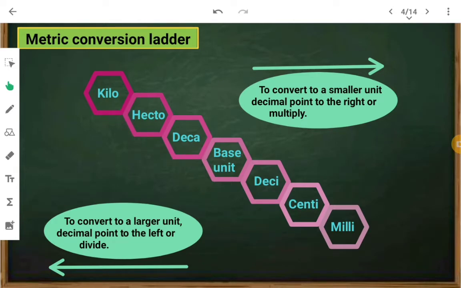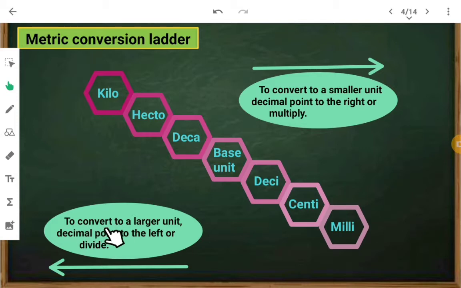While you are moving from a larger unit to a smaller unit, that is, to convert to a smaller unit, we have to multiply by 10. And if you are moving from a smaller unit to a larger unit, we have to divide by 10.